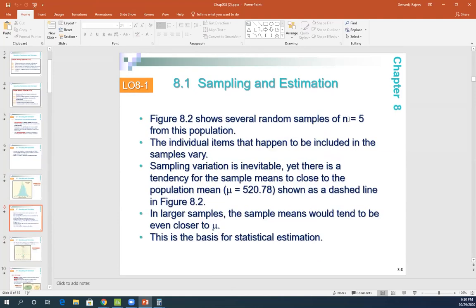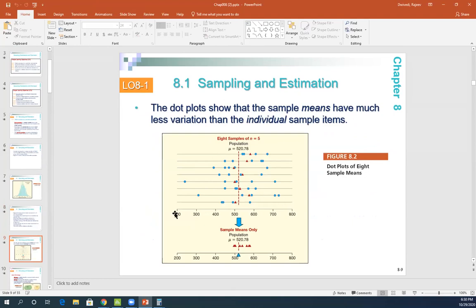And if you do this multiple times, for example, taking samples of n equal to 5, let me explain this concept on my whiteboard, because this is the most important concept.